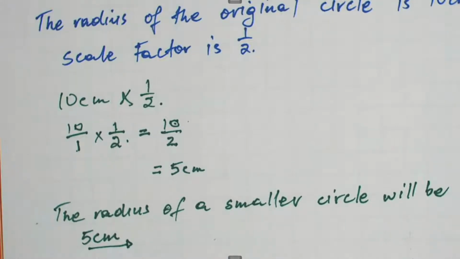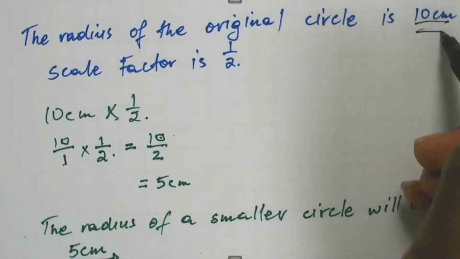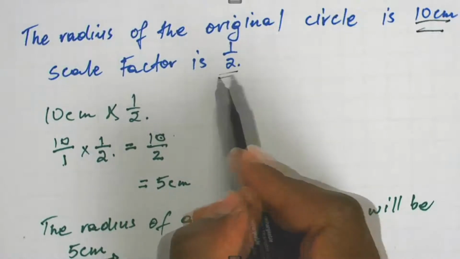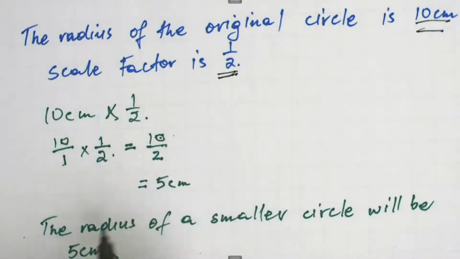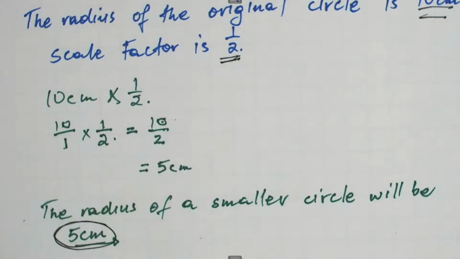And is it true that it is smaller than the radius of the original shape? Yes. Why? Because the radius of the original shape was 10 centimeters. We applied the scale factor of a half. We found that the radius of the smaller circle will be 5 centimeters, which is smaller than the radius of the object or the original shape in this case.